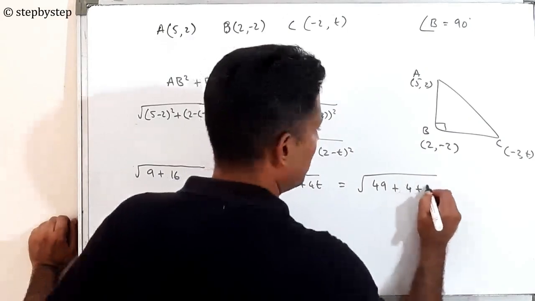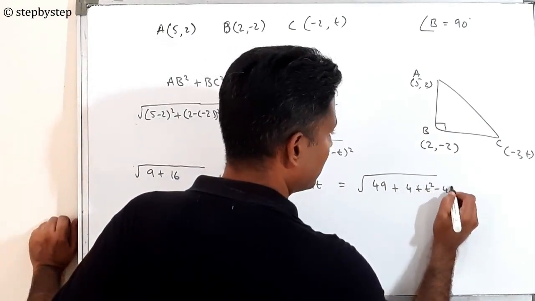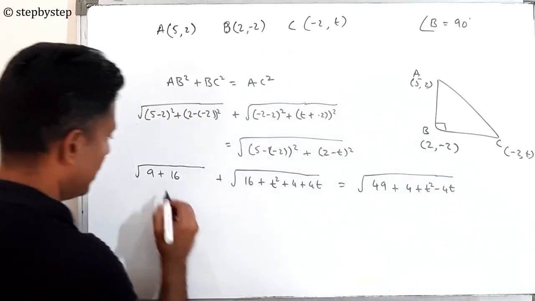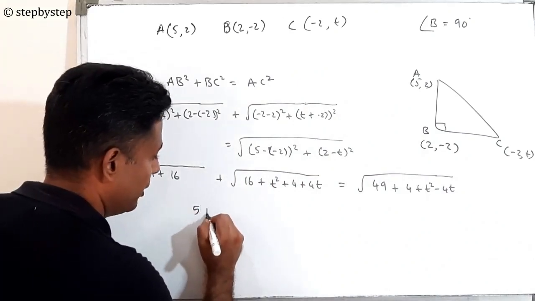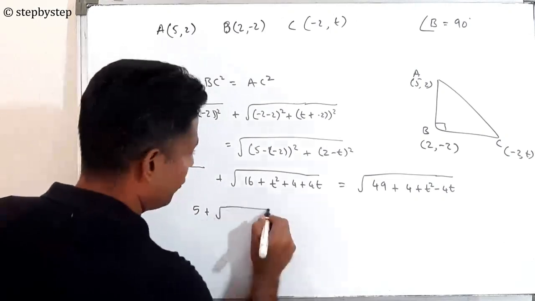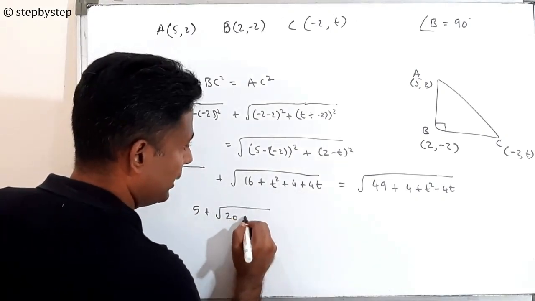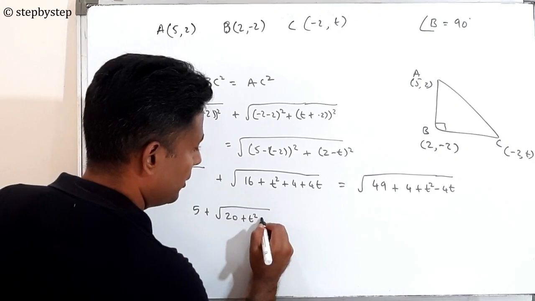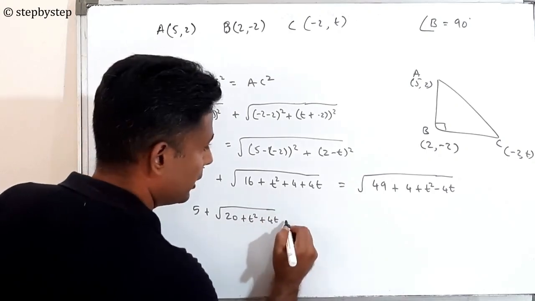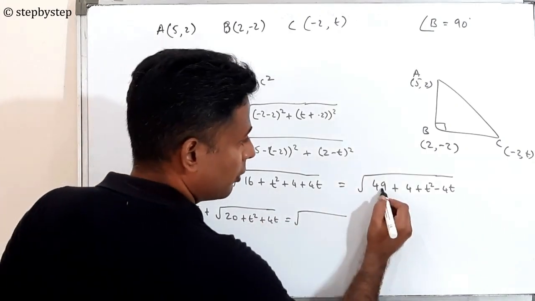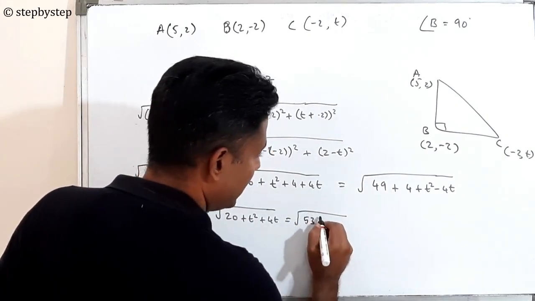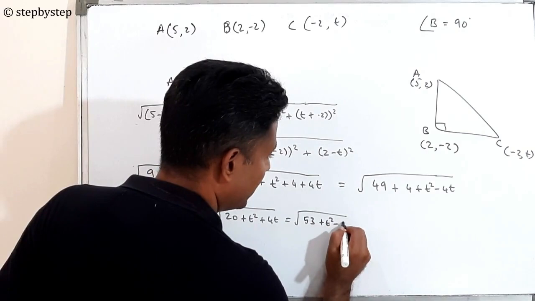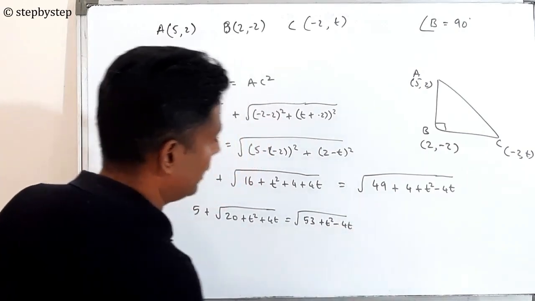So 4 plus T square minus 4T. Now 9 plus 16, 25, root of 25, 5, plus we get root of 16 plus 4, 20, plus T square plus 4T equal to root of 49 plus 4, 53, right, plus T square minus 4T.